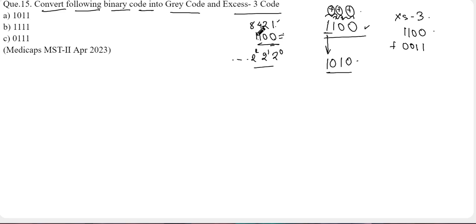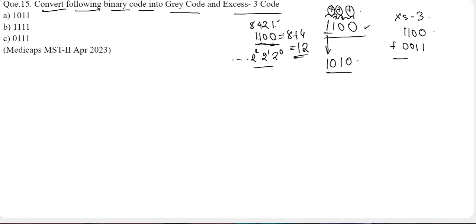So we get 8 into 1 plus 4 into 1, which is 8 plus 4, 12. So this binary number has a value of 12.